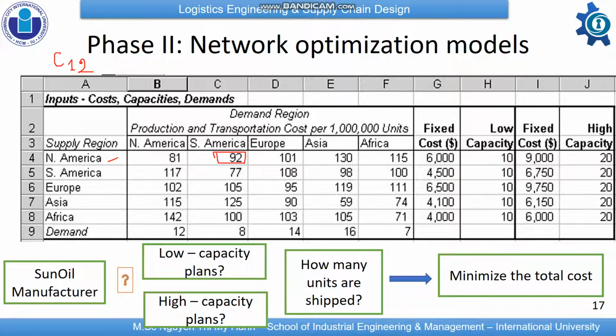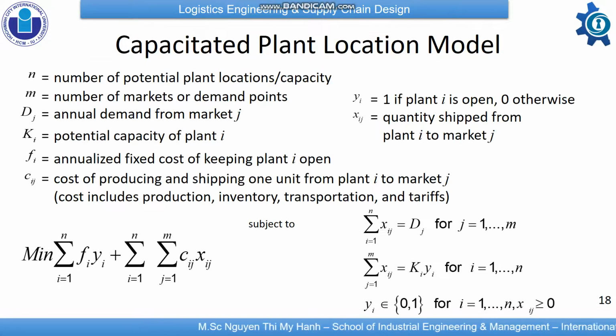So Cij will represent the values in this table. Here is C11, here is C12, here is C21. Please understand the index: I is for plant and J is for the market.